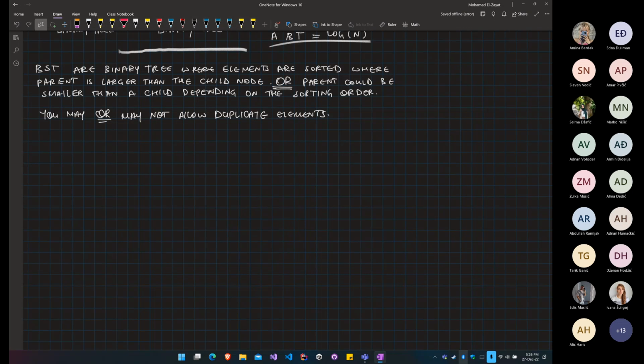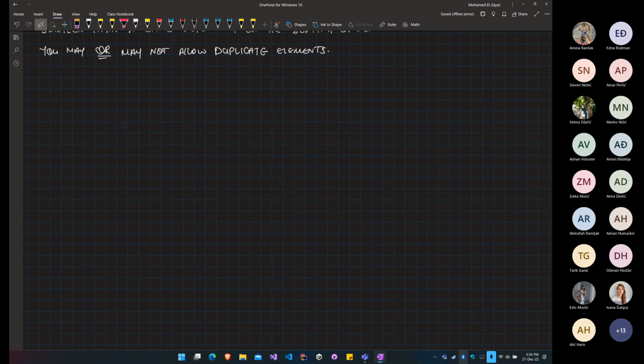So if you are, for example, trying to insert something, you could actually have something like this: 4, 4, and 5. This could happen, even though it's not recommended very much.